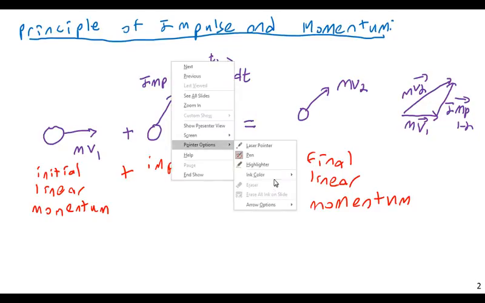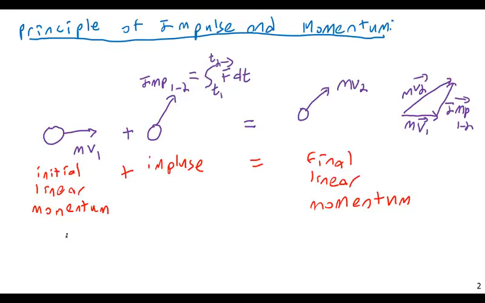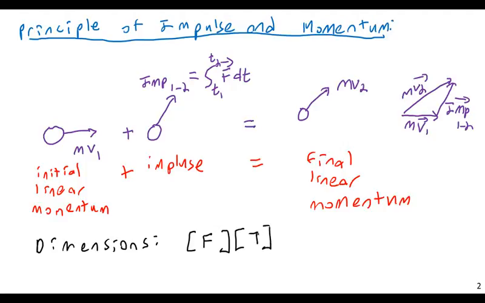The dimensions of impulse: it will have dimensions of F times T if we are using an FT dimension system, force times time.